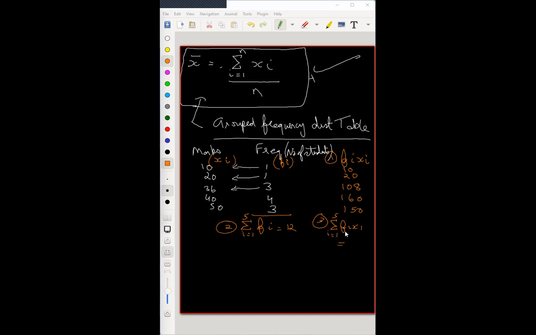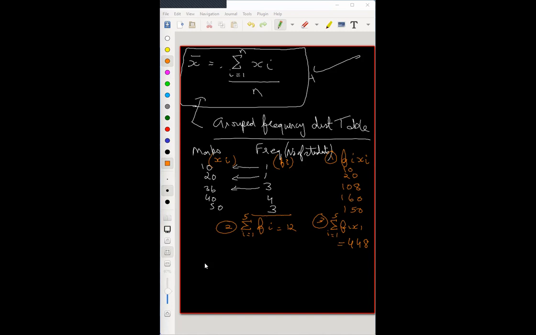Sir, 448. Everyone got 448? Anyone did not get 448? Okay, so sigma fi xi would be 448. Is this clear, everyone? Three steps so far: first find fi xi, then sigma fi, then sigma fi xi.